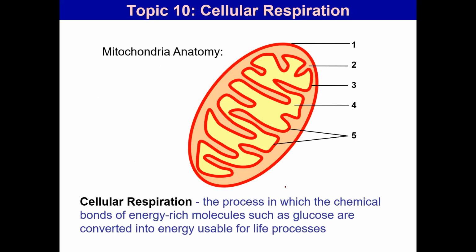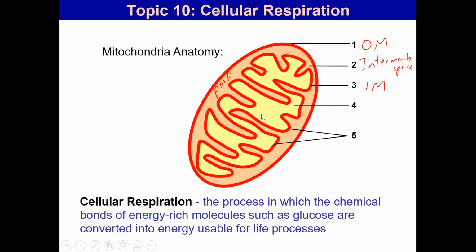So, respiration. Let me take a look here. I thought I had this labeled already, but I just have numbers. We had drawn a diagram of a mitochondria. It's got an outer membrane, an inner membrane, and the intermembrane space. Remember this intermembrane space, that's where the proton motive force is going to be.